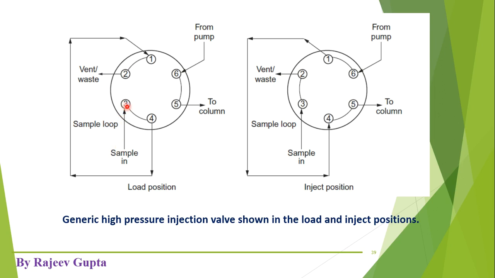We inject our sample in the loop, okay, not in the main stream of mobile phase, just in the loop which is already blank, which is not filled by any solvent or any liquid. So we inject our high amount sample in this, and when it fills this complete loop, then remaining extra sample solution will go out as waste.